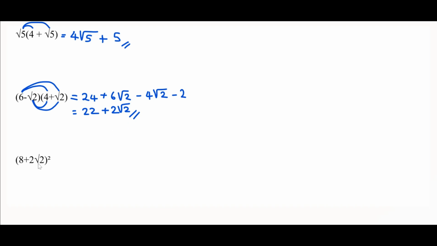For the final question, we have a bracket to the power of 2, so we need to rewrite this as double brackets and then multiply across.